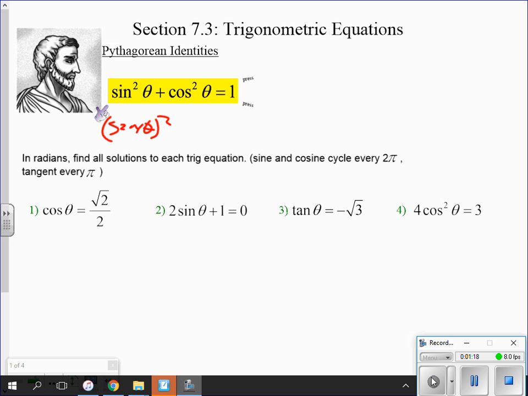When you put the power on the trig function, it's another way of saying I'm taking the sine of that object and then squaring that whole thing. It's just a shorthand way to do it. I don't know where it came from. I actually kind of like it though. So this is sine squared theta plus the cosine of theta squared is equal to 1. And this is true for any angle at all.